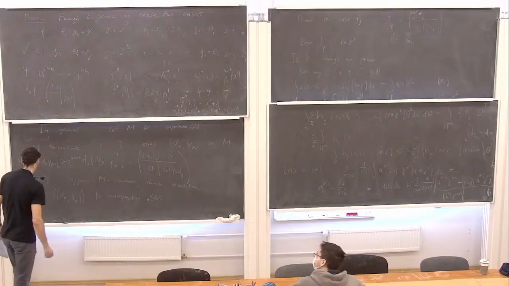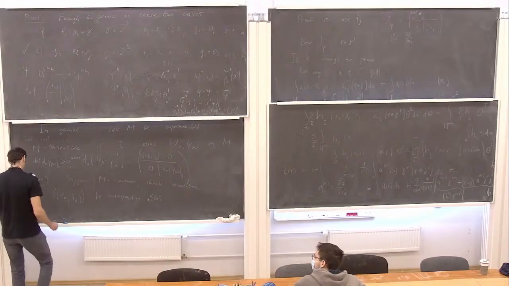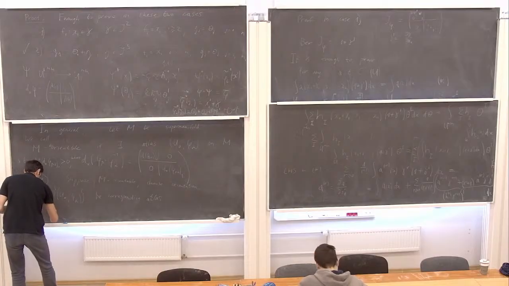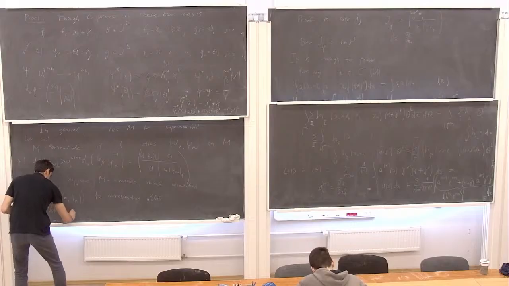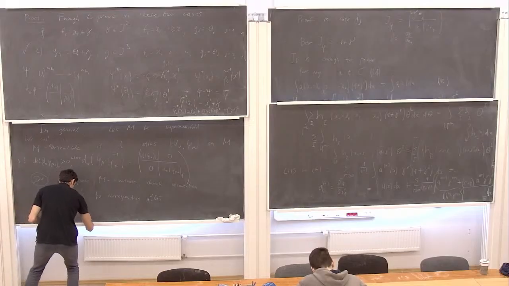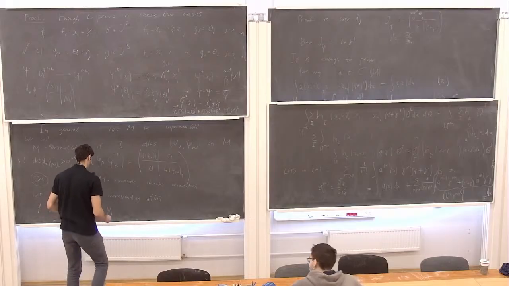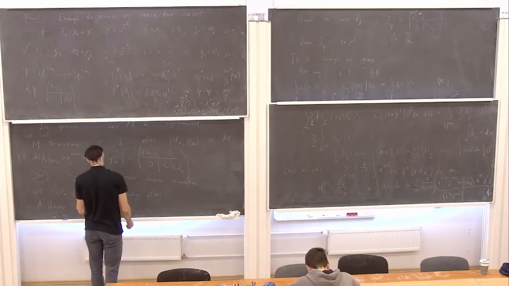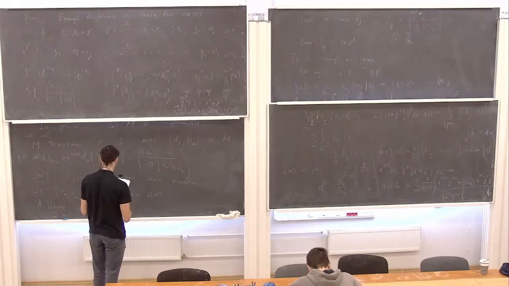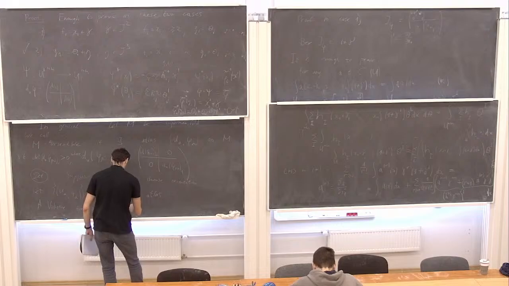Let's call them volume forms. So a volume form on M is an element of the following set.